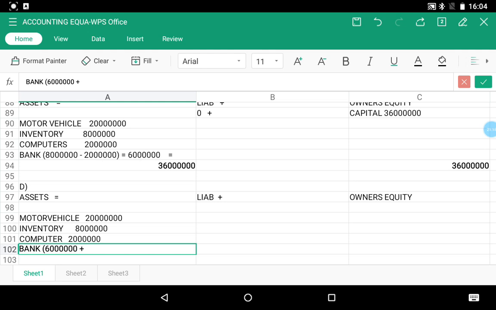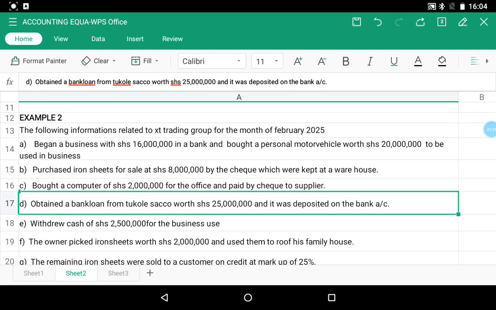We add the amount he deposited, this amount where he said he got a bank loan from Tukole Sacco worth 25 million.